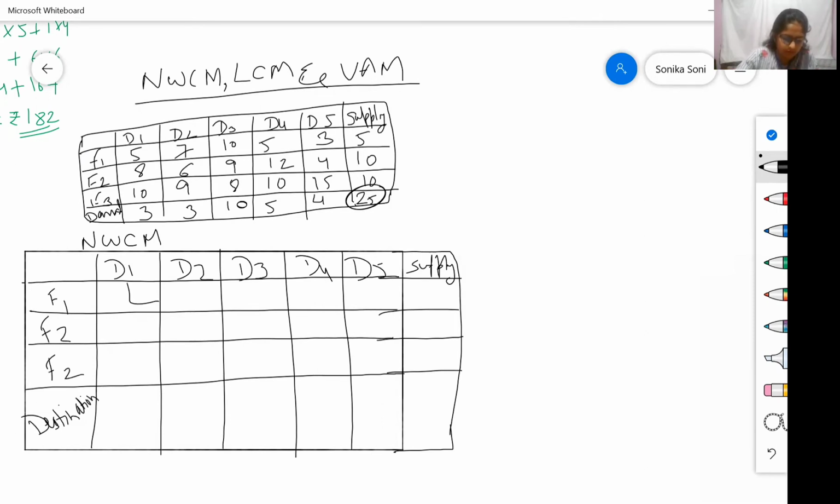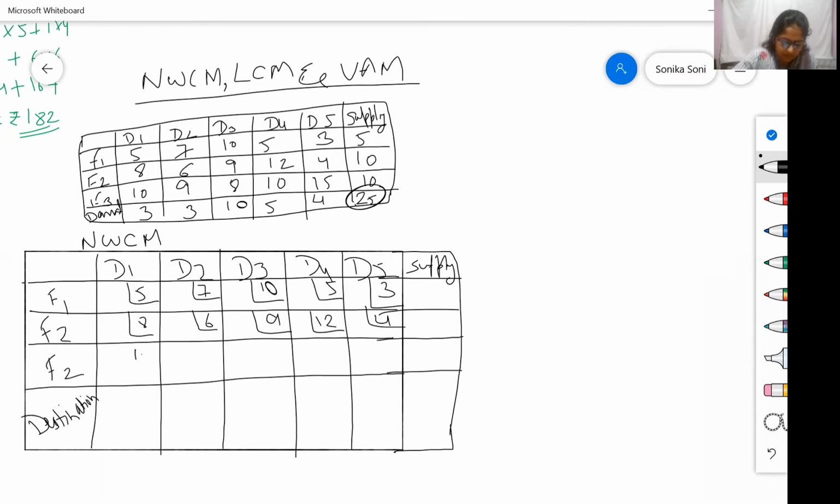And we have cost as 5, 7 in F1D2, 10 as F1D3, 5 as F1D4 and 3 as F1D5. Then also we have 8 as F2D1, 6 as F2D2, 9 as F2D3, 12 as F2D4 and 4 as F2D5.